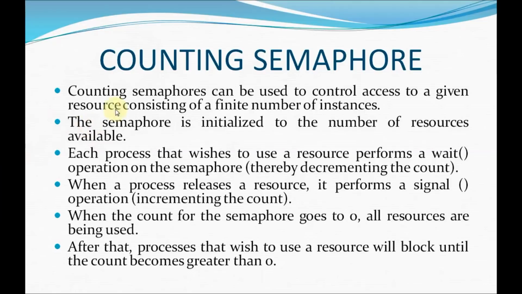You know that counting semaphores are mainly used to allocate resources. When there are a finite number of instances, that means a finite number of resources, you can use a counting semaphore to allocate the resources to the processes that request them. The semaphore is initialized to the number of resources available.